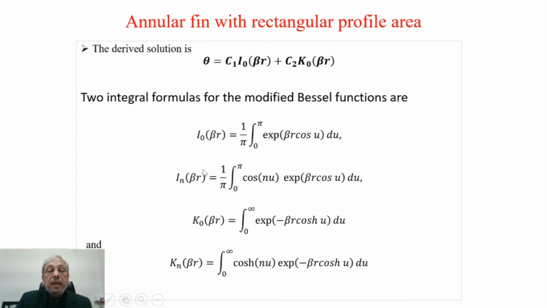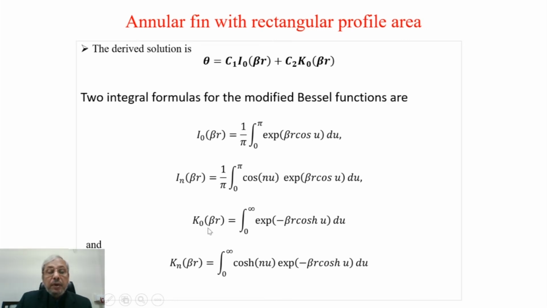And when n equal to 0, we get I naught. Similarly, K n can be expressed as an integral formula, and it is basically again cosh nu times exponential minus beta r cosh u du.